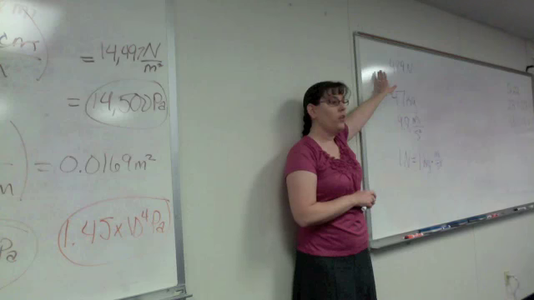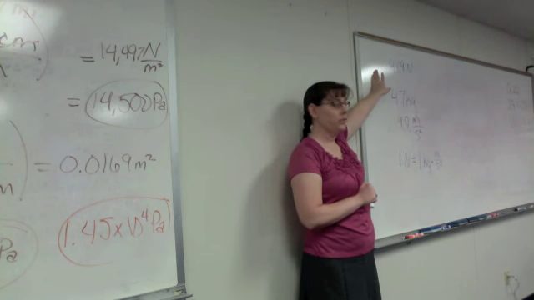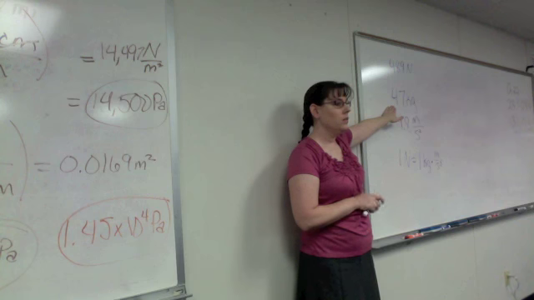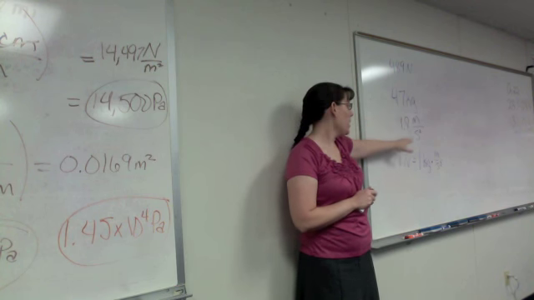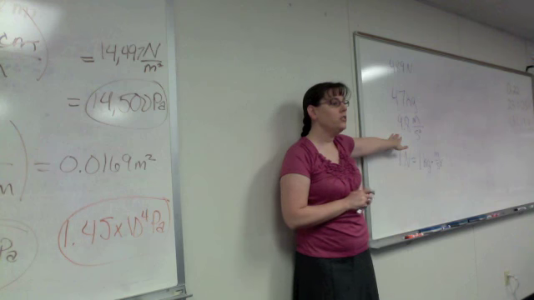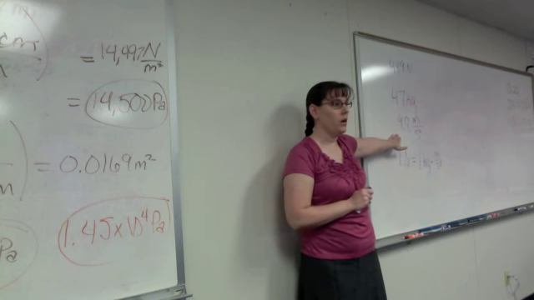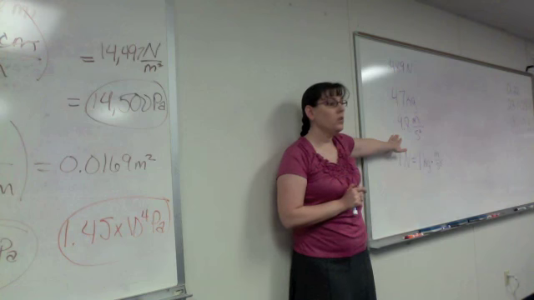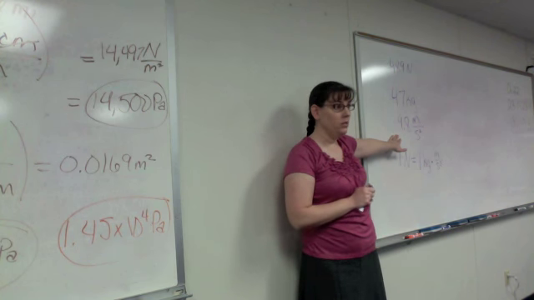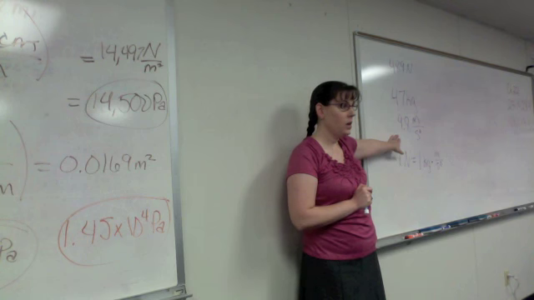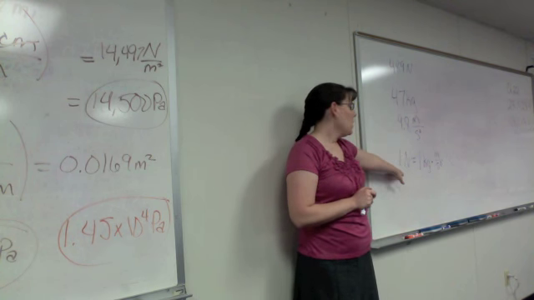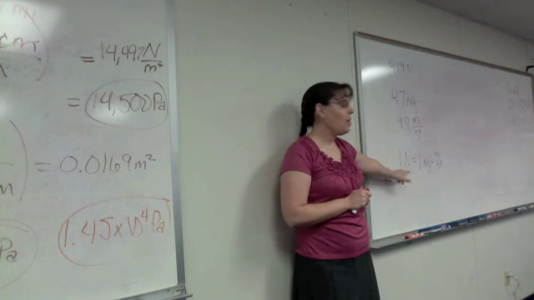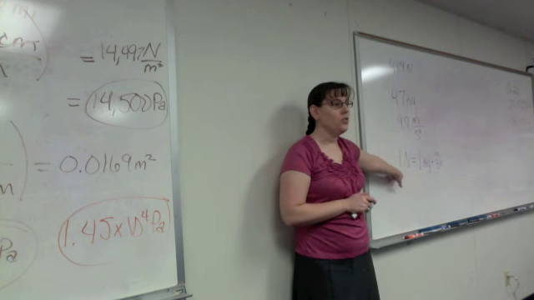Good? Yeah. Now, to give blood, Emily has a mass of 47 kilograms, and acceleration due to gravity is 9.8 meters per second squared. Remember, force equals mass times acceleration. But you really don't even have to know that because it is provided to you.